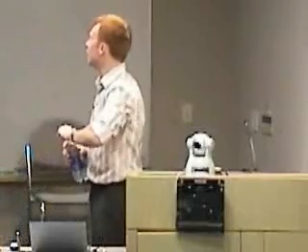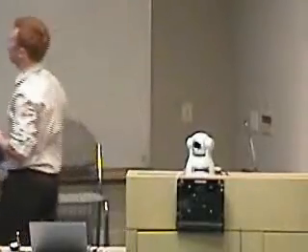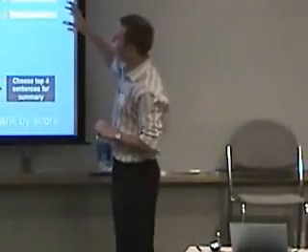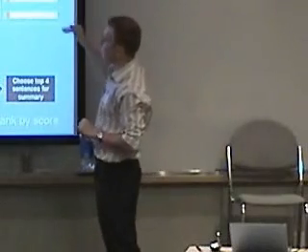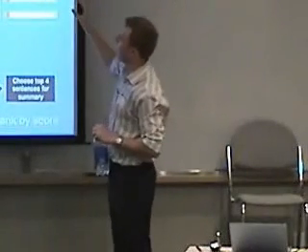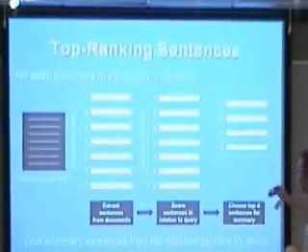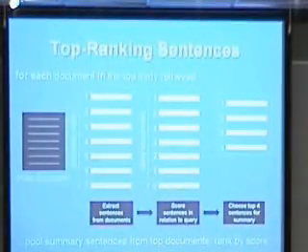Now each of these sentences here has got a score. And what we do is we take these 4 sentences from the top 30 documents up there, and we put them into a big ranked list. That is a ranked list of sentences scored completely independent of document.